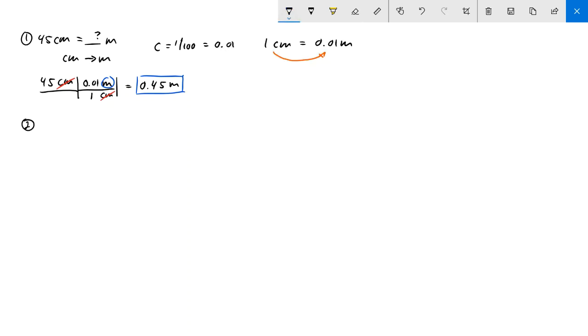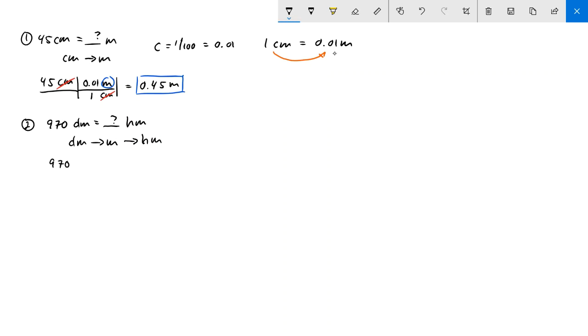The second practice problem that we had is 970 decimeters. We don't use that too often, and we're going to change it to hectometers. We have two prefixes here, so what we should do is take our decimeters and change it to meters, and then change the meters to hectometers. So we have two conversions.